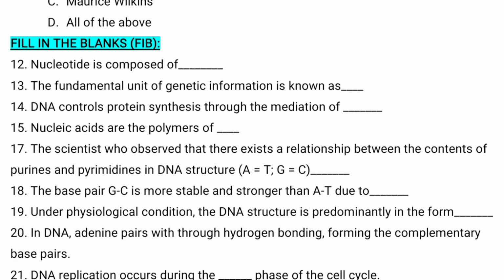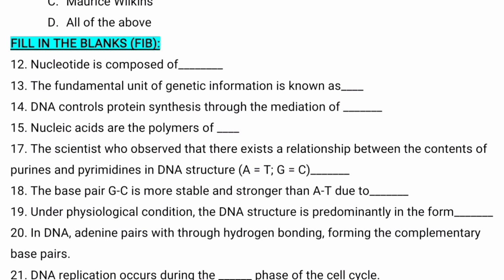సో ద ఫండమెంటల్ యూనిట్ ఆఫ్ జెనెటిక్ ఇన్ఫర్మేషన్ ఈజ్ నోన్ యాజ్, answer is gene. DNA controls protein synthesis through the mediation of, answer is RNA. Nucleic acids are the polymers of, answer is nucleotides.